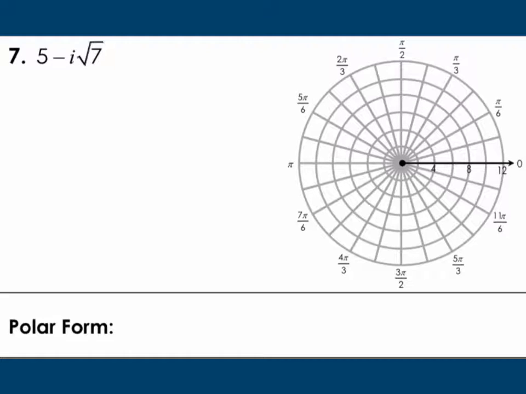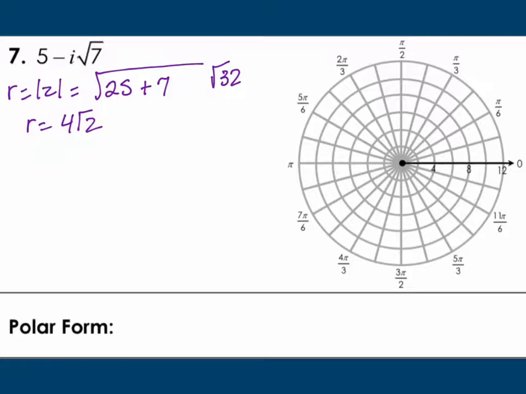Okay, r is the absolute value of z, which is the square root of 25 plus 7, which is the square root of 32. The largest we can take out is a 16, so we do 4 square root of 2.